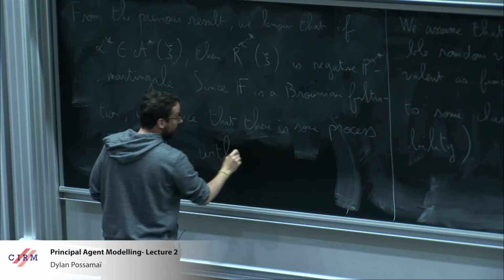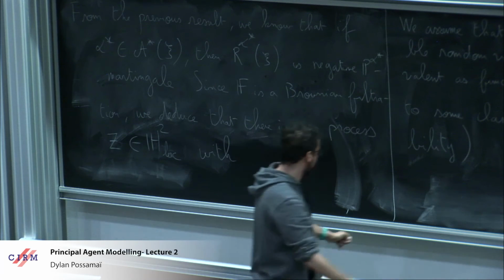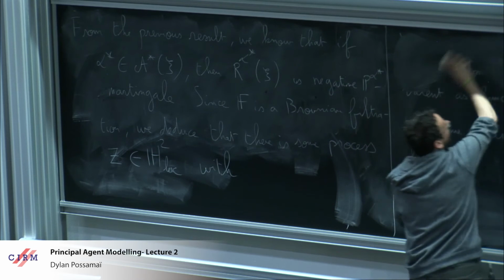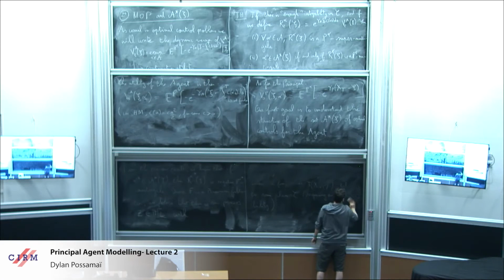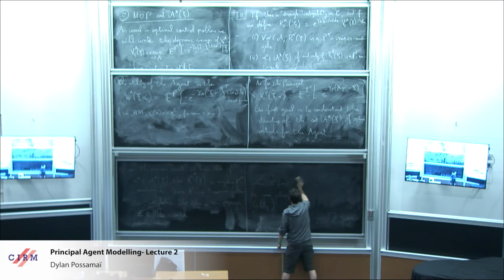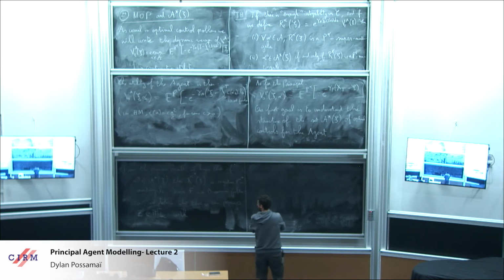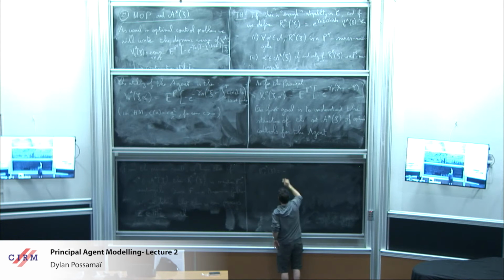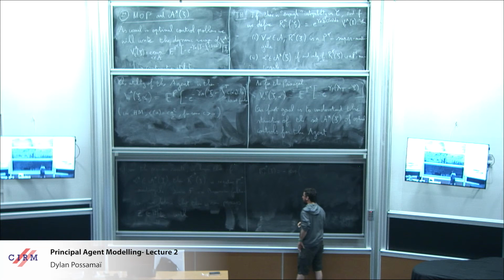And such that, for R^alpha star_t of psi, I can write it as minus, because it's negative, the stochastic exponential, so let's write it completely, of, okay, here again, bear with me for a second.